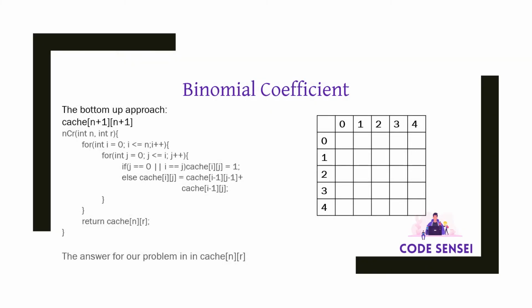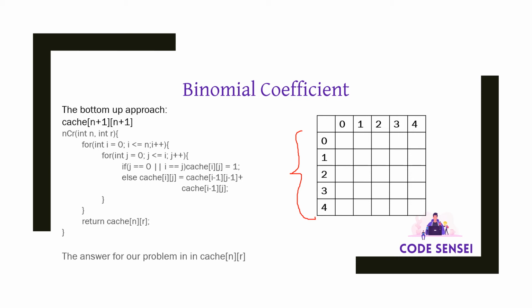So this is going to be the algorithm for the bottom-up approach. Here, we have taken out all the recursive solution and we have replaced them with two loops, right? So, in the first loop, the value of i is going to go from 0 to n. That's because we are going to go to every row from 0 to n. Right?